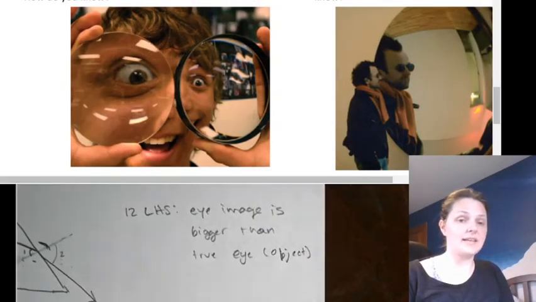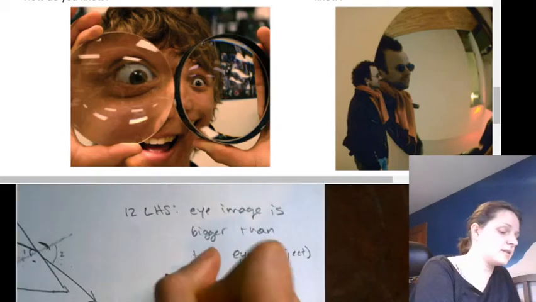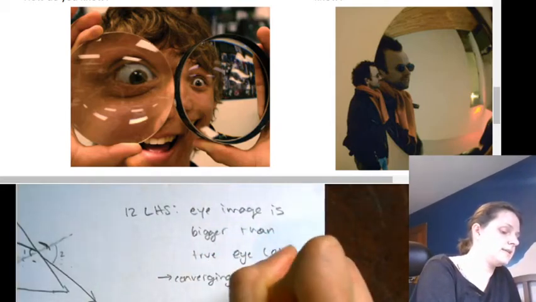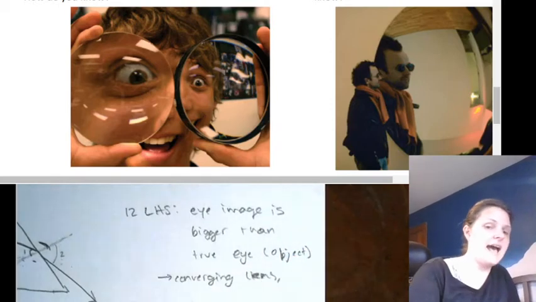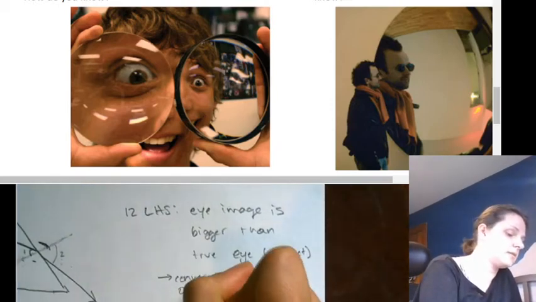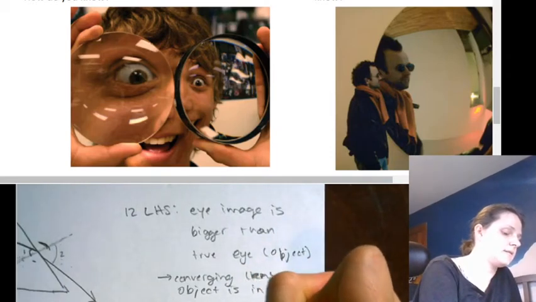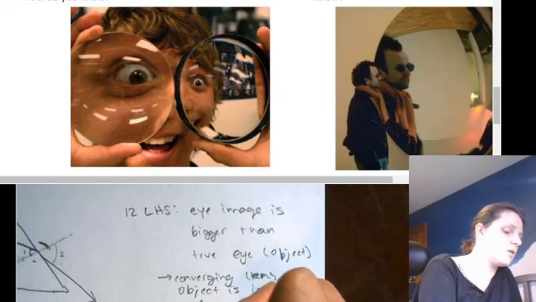So what this is saying is that this is a converging lens. This guy's eye is not upside down. So because his eye is not upside down, his eye is inside the focal length of the lens, which must mean that his eye is really close to the lens, which is what we see here. So this is a converging lens, and I'll go ahead and add that the object is inside F. So we can say D_O is less than F.